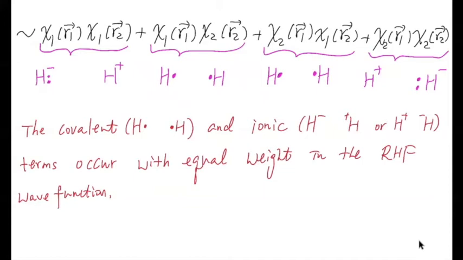You see, at the equilibrium, because the separation between these 2 protons is small, you will get a good description for the equilibrium geometry, for the equilibrium hydrogen molecule, right?